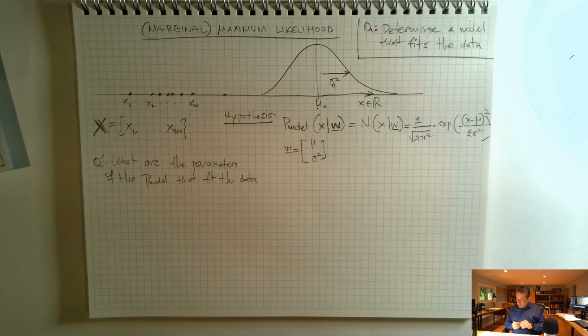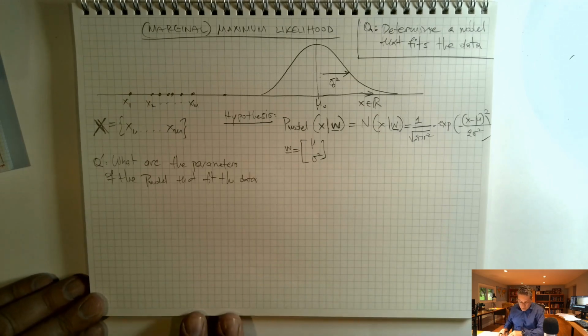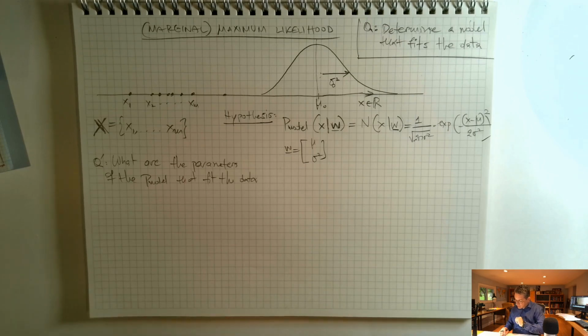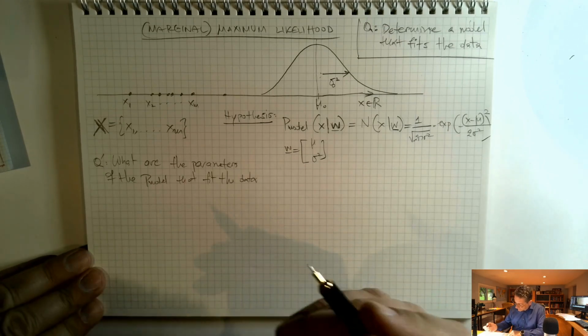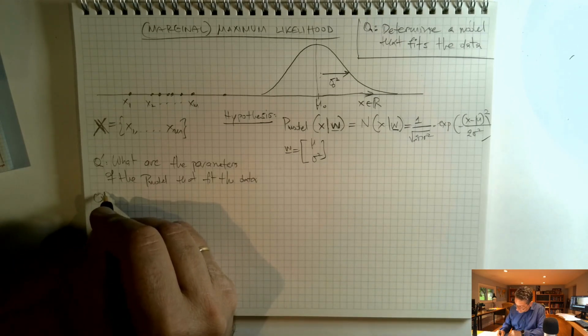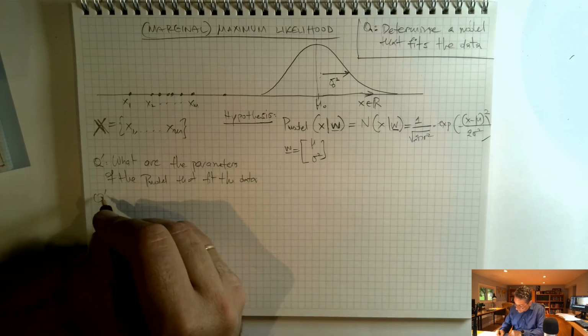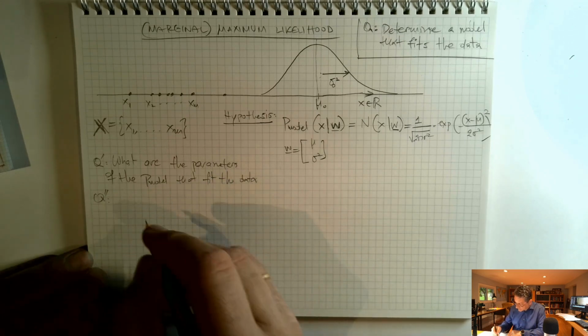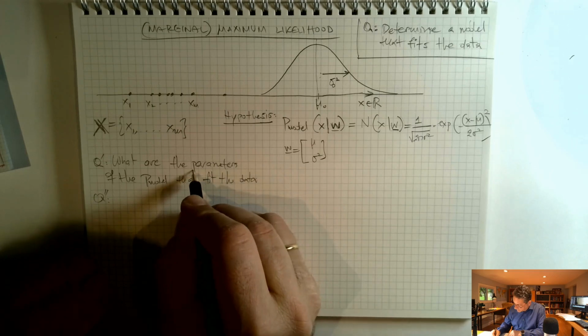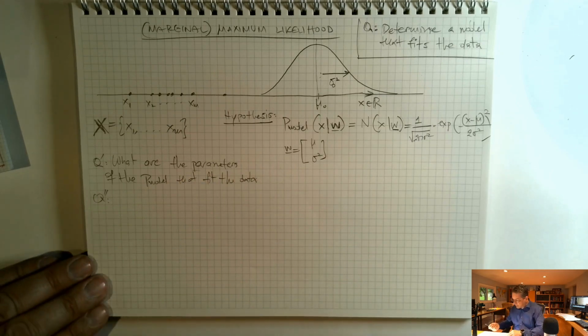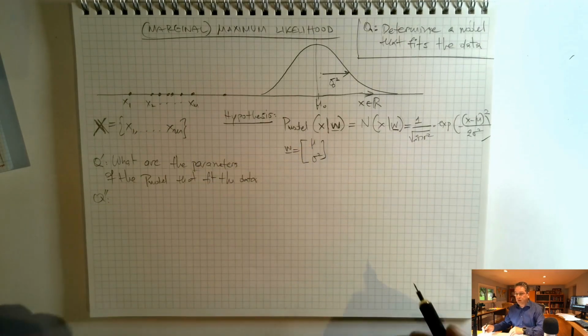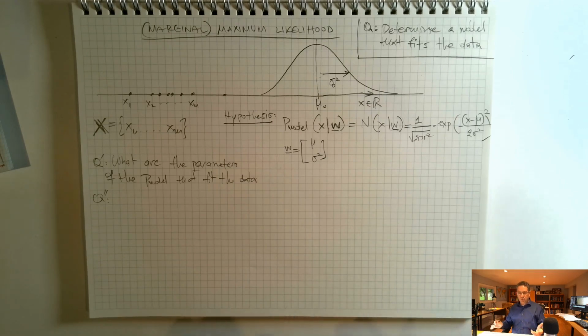Okay, so now the question becomes: how are we going to find these parameters? So we now effectively have a parameter search problem. We are trying many parameters, just like what we have seen in the sinusoidal regression problem.